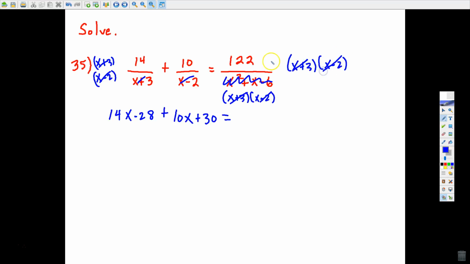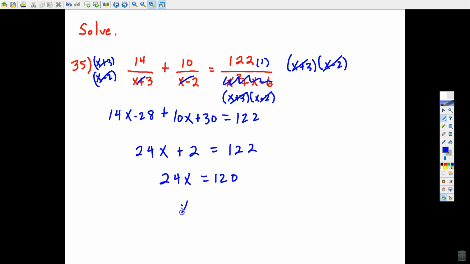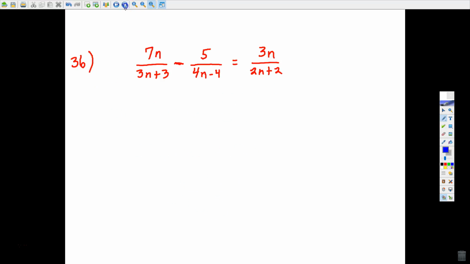It's like 1 times 122. Combine like terms. 14 plus 10 is 24x, plus 2 is 122. Subtract 2 from both sides. Divide by 24, and our answer is x equals 5.